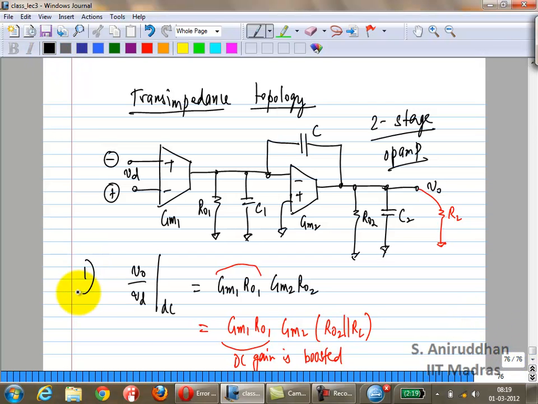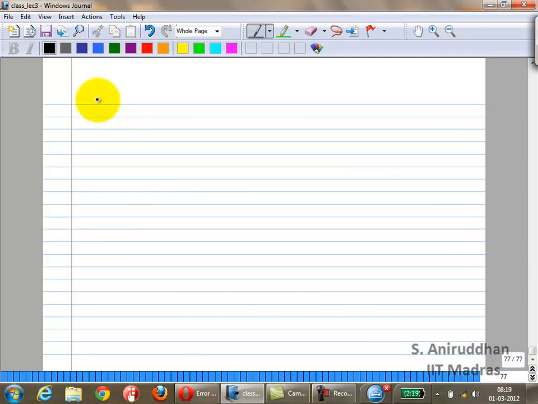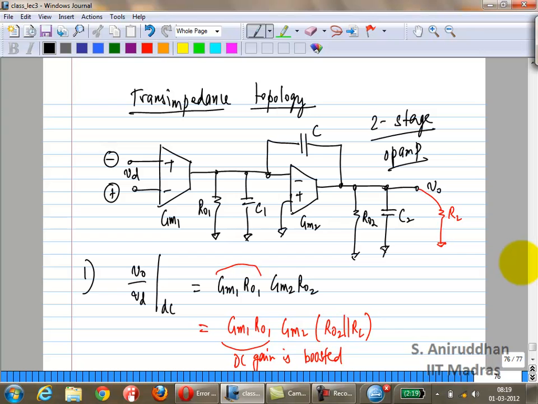So we looked at the DC gain. To a first order, what do you expect VO by VS to be? Suppose you neglect all the non-idealities. If you neglect all the parasitics, C1, C2, and you neglect the output impedances RO1, RO2, what do you expect VO by VD to be?